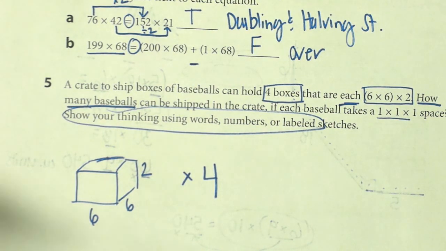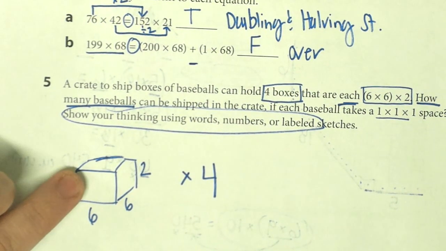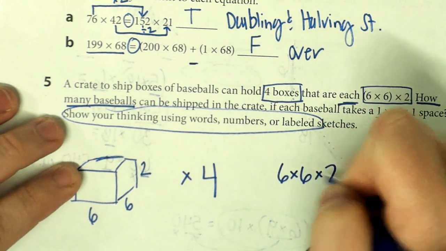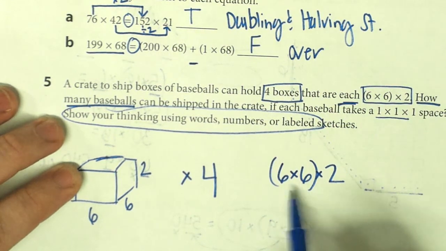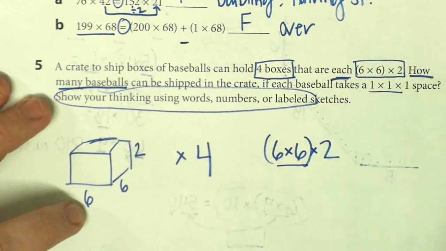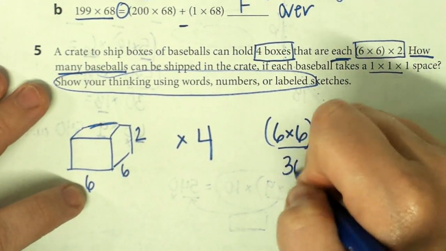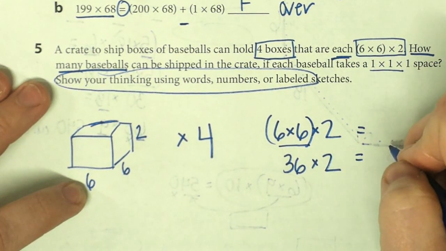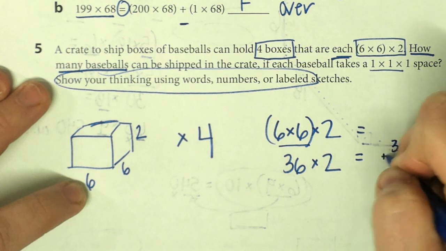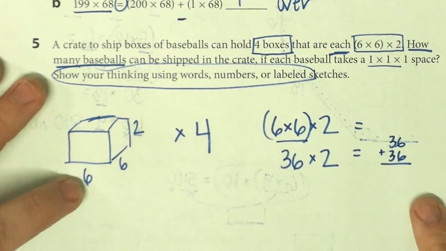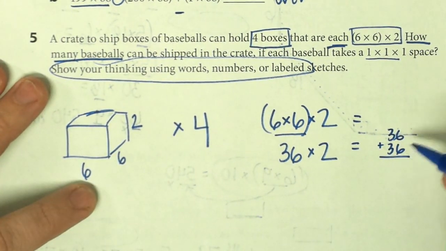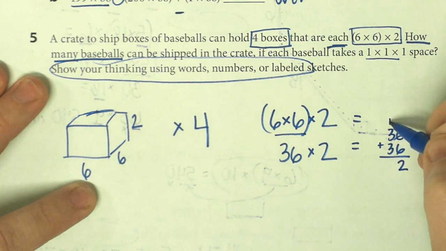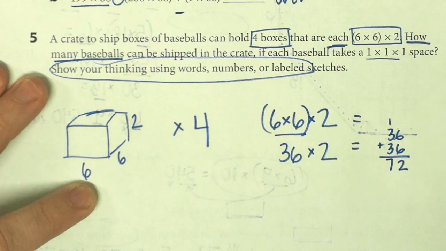Okay, let's figure out the dimensions of just one of these boxes. 6 by 6 by 2. I think I can do it in this order. I kind of like that. 6 by 6, 6 times 6 is 36. 36 times 2 is the same as 36 plus 36. 6 plus 6 is 12. 3 plus 3 plus 1 more, 7.